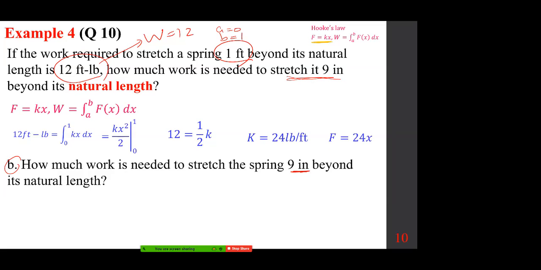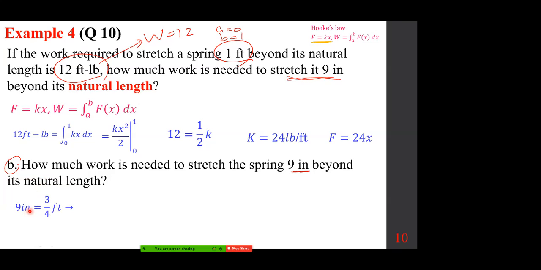Now, for part B, do the math and pay attention to the units you're going to use. 9 inches is 3/4 of a foot. Why is that important? Because the units used here are not inches, class.